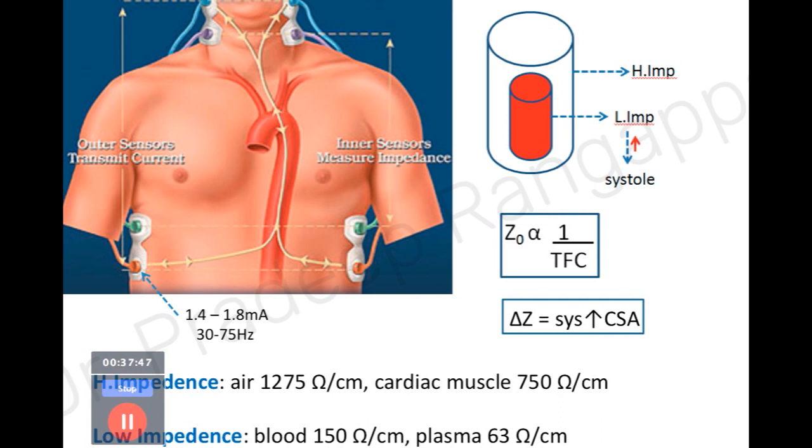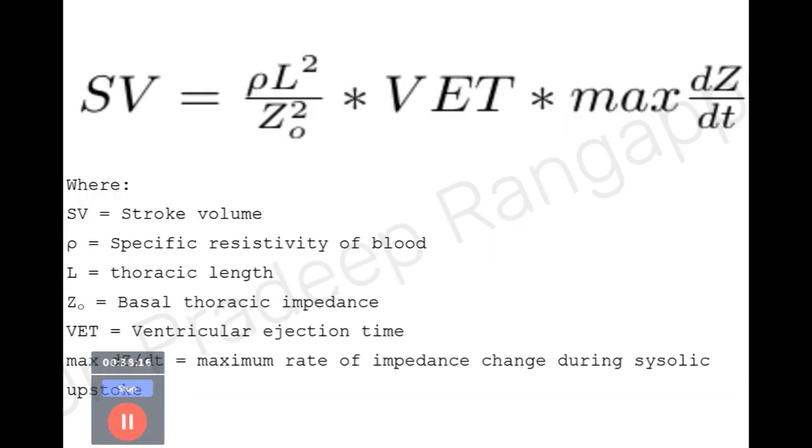For all the listeners, the simplest way is to remember this figure where your body compartments are divided into low impedance and high impedance. Low impedance are all the blood flowing structures, and you look at the difference in the impedance from the electrodes placed in the lower part of the chest to the neck and see what differential current is being conducted. Based on that, you derive the cardiac output. If you understand that much, that should be good enough.